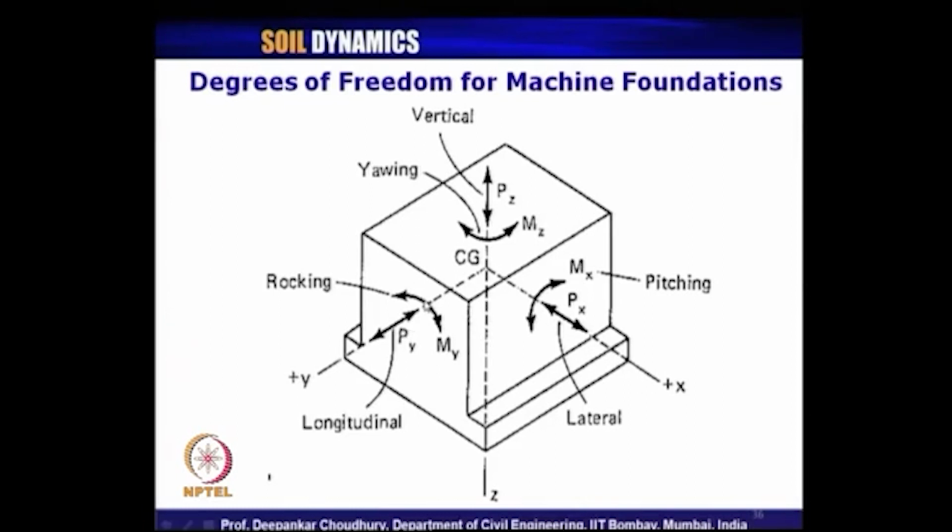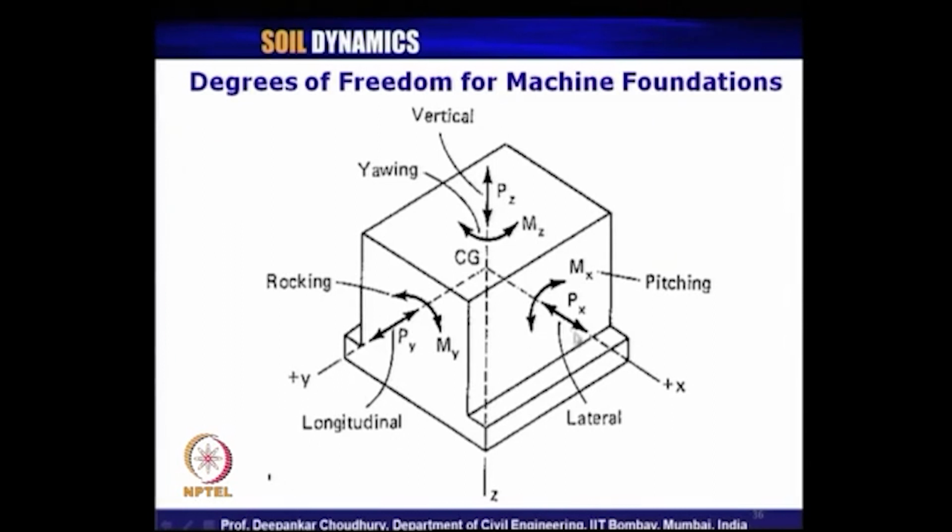Now, when the machine foundation vibrates in this direction, that is when it is subjected to the dynamic load Py like this, then the name of the vibration is longitudinal vibration, or again it can be called sliding vibration. Remember, here sliding occurs in x direction, here sliding occurs in y direction, that is the only difference.